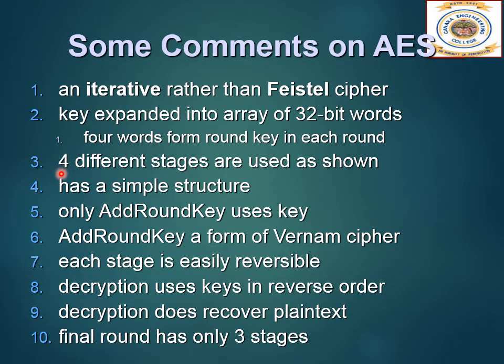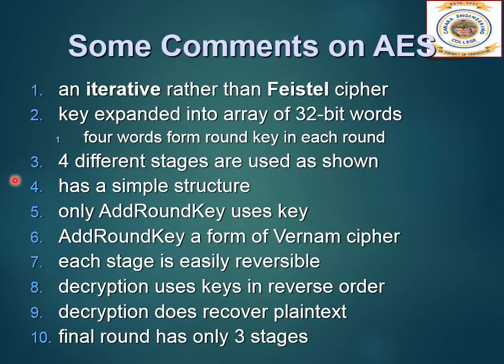Next, four different stages are used, as we have already seen in the previous slide. What are these four stages? One is substitute bytes, another is shift rows, next is mix column, and the add round key. Substitute bytes uses an S box to perform a byte to byte substitution of the block.